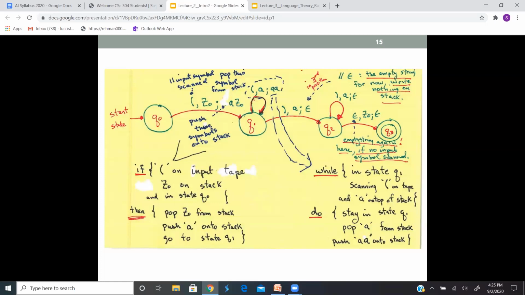And now AA, what that means is you have to have two stack symbols at the same time. You see two A's in a row. In state Q1, the third item up top is an A and then an A. The rightmost A is the A that was put in the last nanosecond, make believe it's computer speeds.